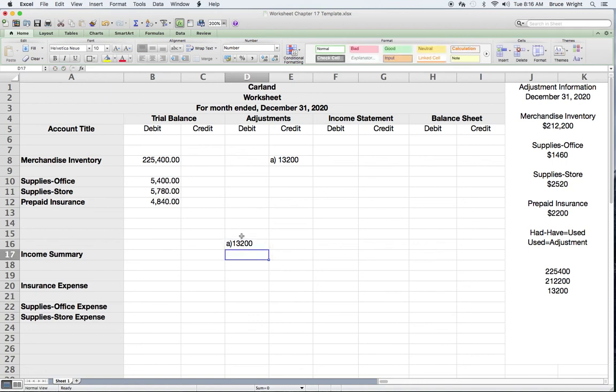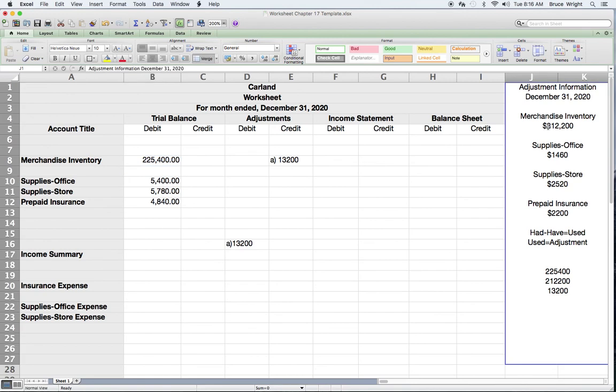So that's our first adjustment. We had 225,400. We have 212,200. Now, that's our first adjustment. So we have supplies office now.